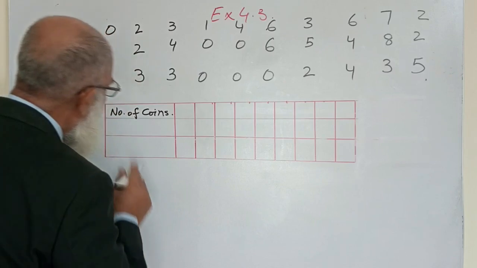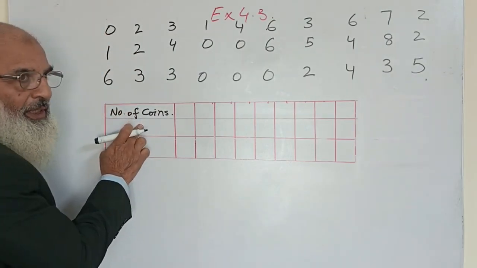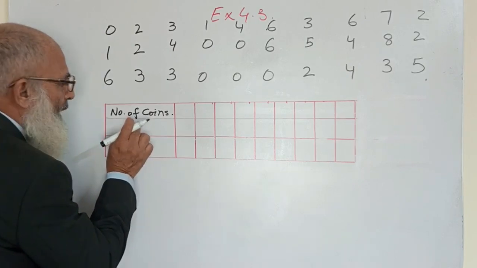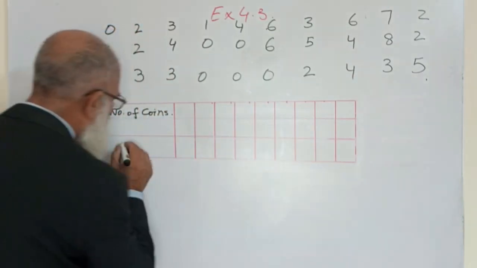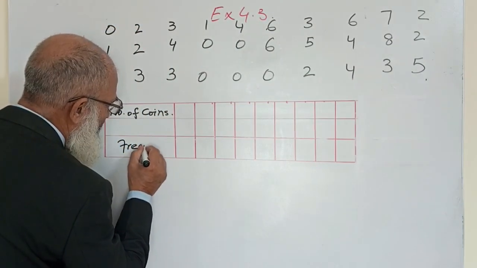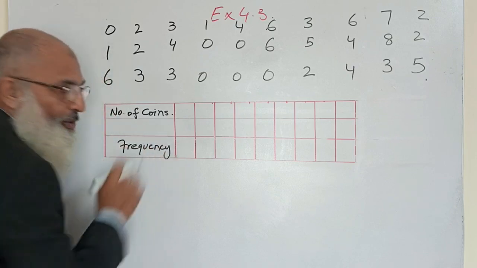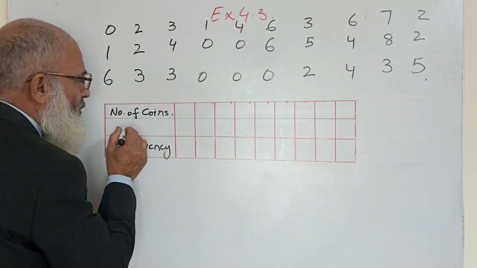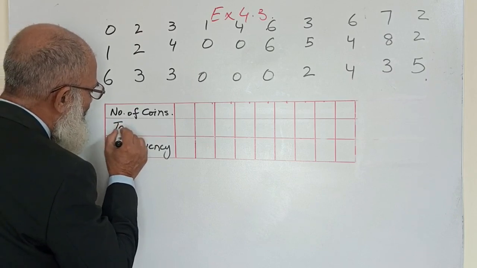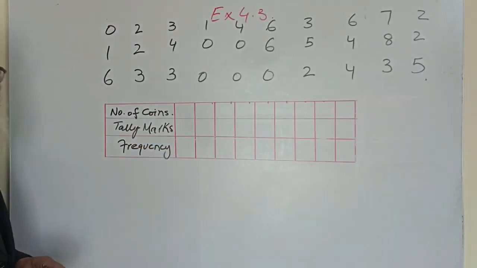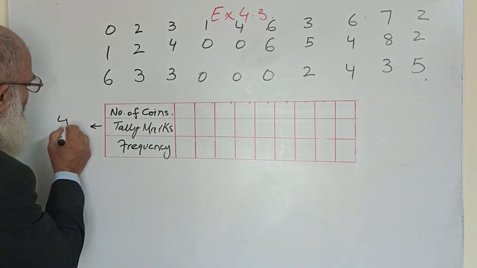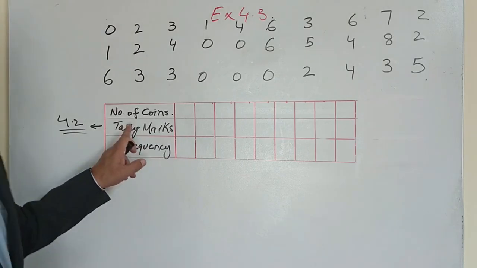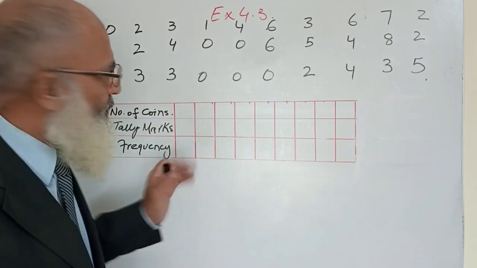In your book frequency is written here, but I have left this row for tally marks and brought frequency into the last row. This is what we were told in exercise 4.2, and it is the only thing told in that exercise.